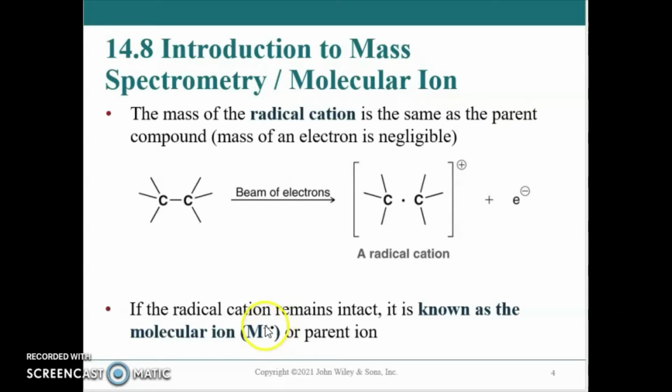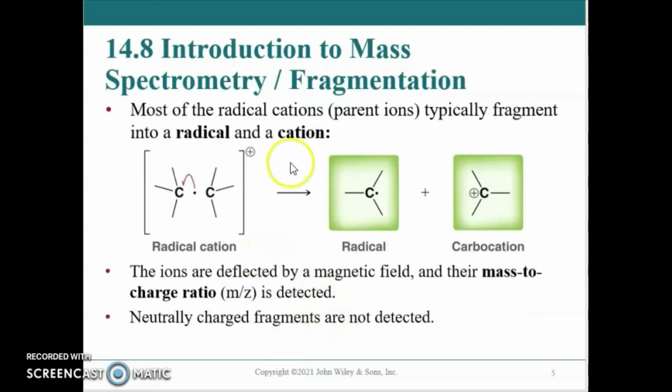More commonly, the plus symbol for the cation will be shown, and the radical is not always shown. Now, what happens more often is that the radical cation, the parent ion, fragments into a radical and a cation. So here you have a methyl radical and the methyl carbocation.